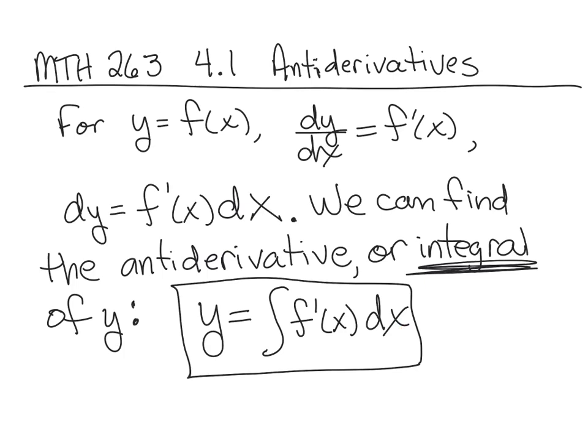It tells us, just like dy dx tells me that I have the derivative of the function y with respect to the variable x, this tells me that we're going to be finding the integral with respect to the variable x. There you go.